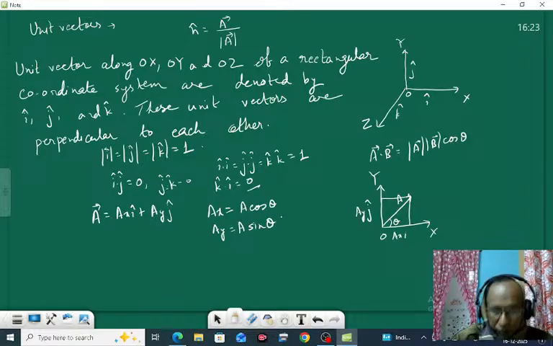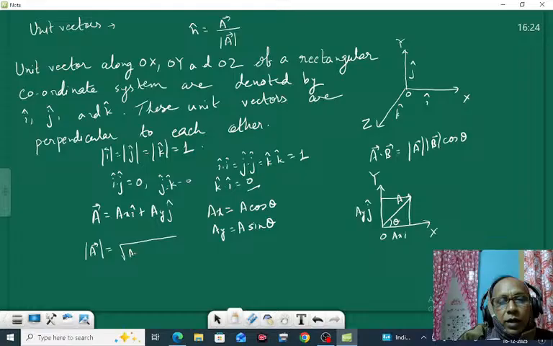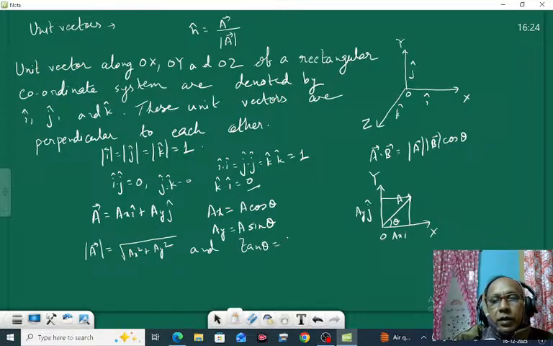By resolution we got this, and we find the modulus of vector A as root over of AX square plus AY square. This is the modulus of vector A. And if you want to find the direction, the angle theta, then tan theta will be AY by AX.